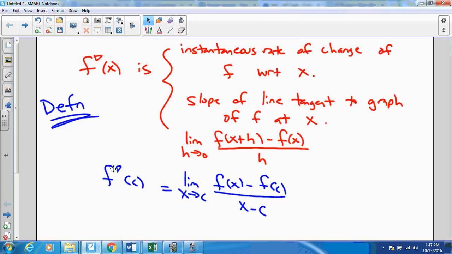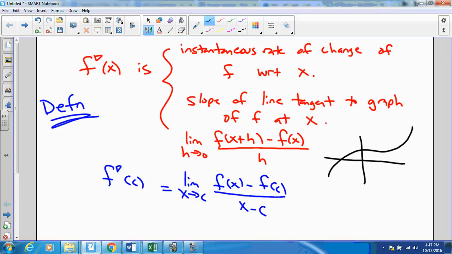And if you want to distinguish between these two forms, to help you remember them, it's easiest to draw a graph of a function f, mark a point x, mark a point x plus h. What is the slope between these two points? Well, as soon as I draw x and x plus h, then I have f of x plus h, and I have f of x, so that the delta y, the distance between the y coordinates, is f of x plus h minus f of x.